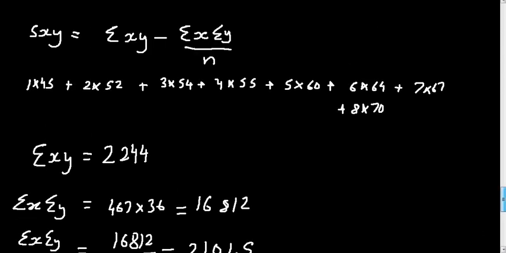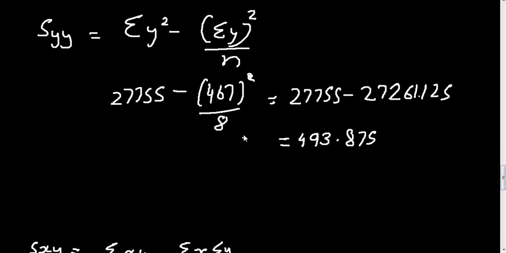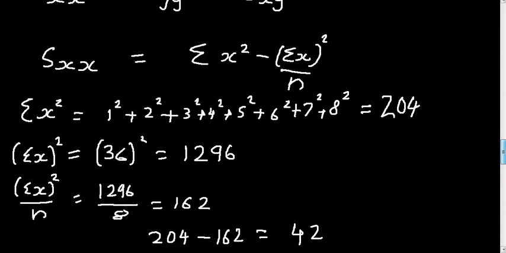We have our sxy term, we have our syy term, and we have our sxx term, which is this. Those are the three intermediate coefficients that you need to figure out the PMCC. There's one more thing you need to do.